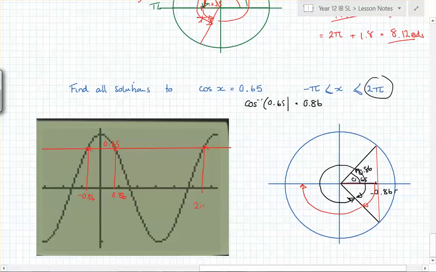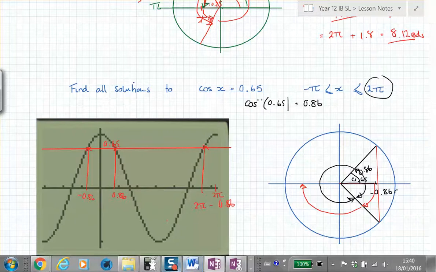Yeah, 2 pi minus 0.86, because obviously that is the 2 pi. Same thing I would do on the circle, but it just looks a bit cleaner on the graph, I would say. Maybe a bit easier. Can you see it easier on the graph, maybe? So you can see why, if it's a non-calculator question, potentially knowing how to sketch the curve is going to help you. Okay.